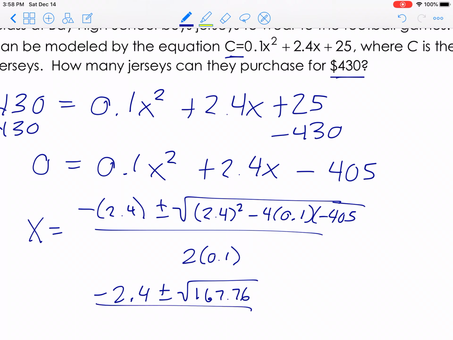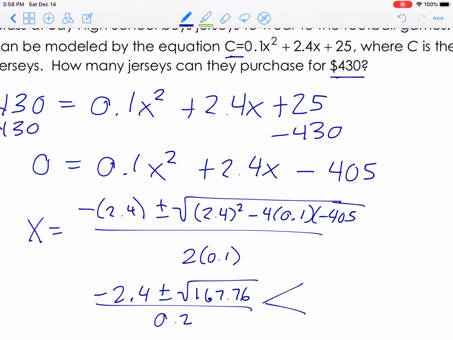I'm going to double check that. Yeah, I got the same thing again, and on our denominator, 0.2. Okay, from here we can look at our two things.